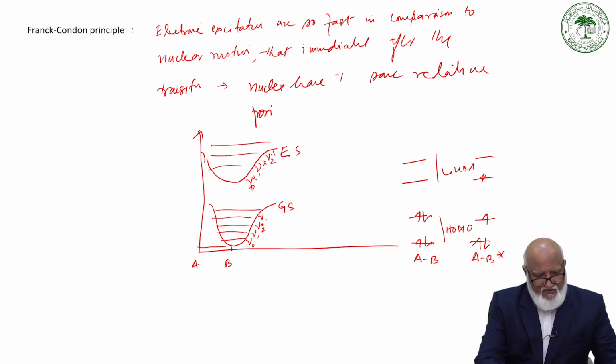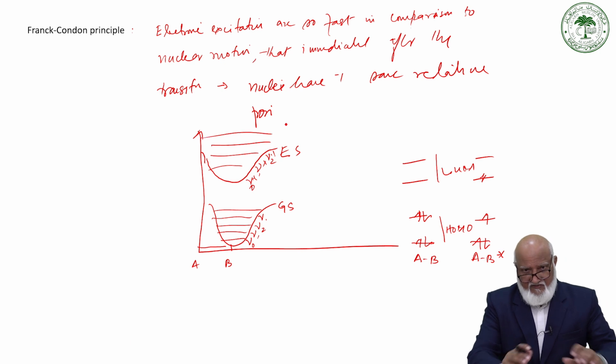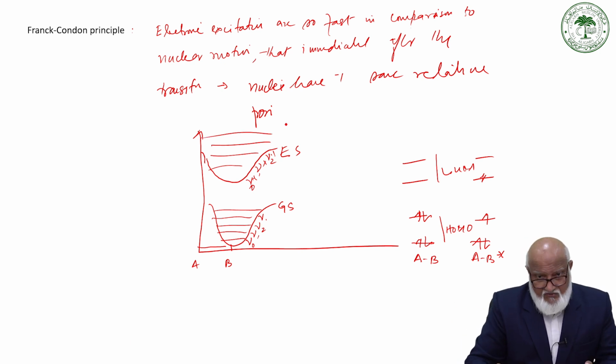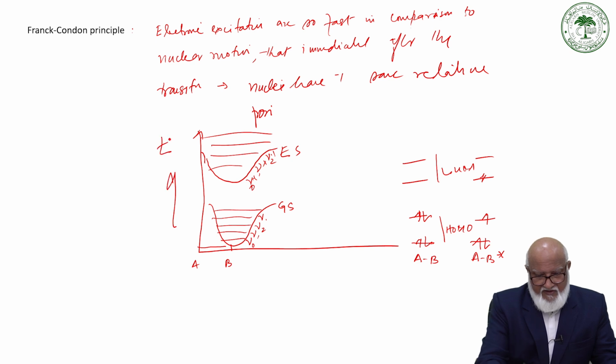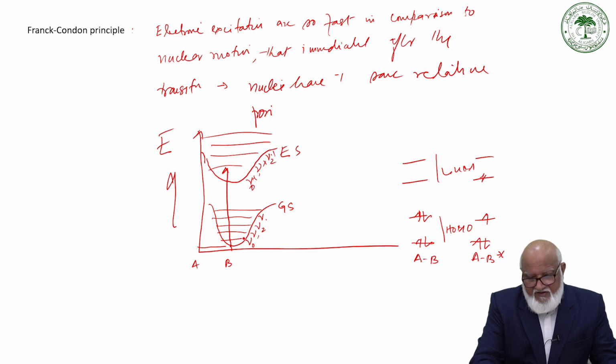At one stage, the nuclear motion can become so large that the bond may break. So this is the energy, and this is the 0 to 0 electronic excitation.